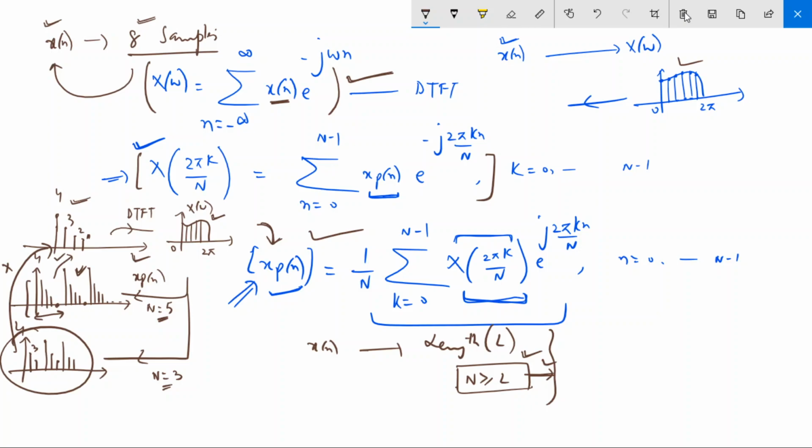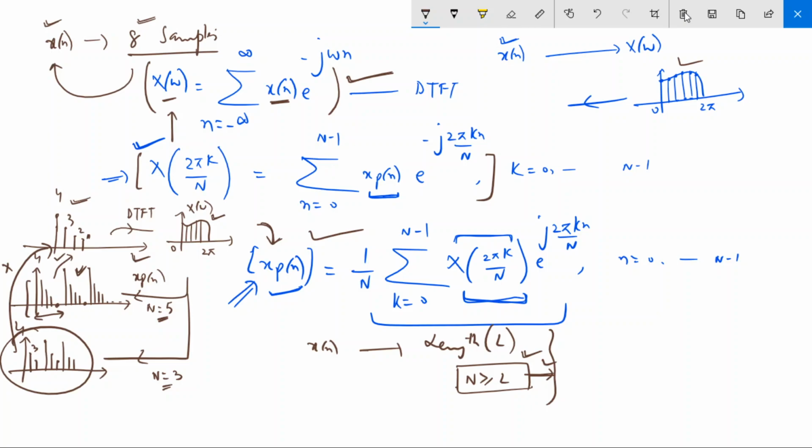Okay, so this is how you sample in the frequency domain and how you recover the signal from the samples in the frequency domain. In the next class we will see an interpolation formula, to recover X(omega) directly from the samples of X(omega).